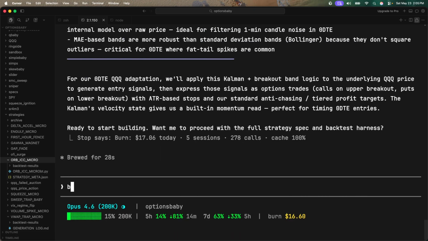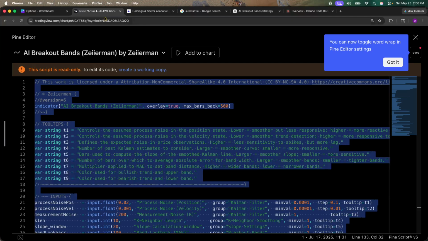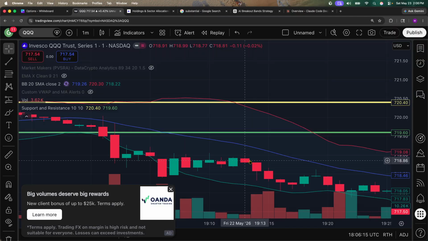All right, before we do that, let's talk about how the signal entry will be triggered. Right now, what are the periods? Periods is just the number of bars it's going to take in order for the signal to trigger.